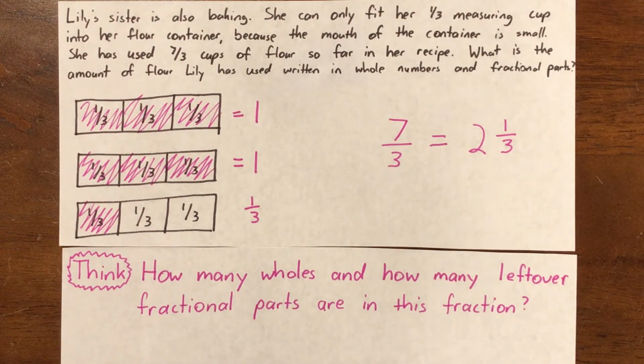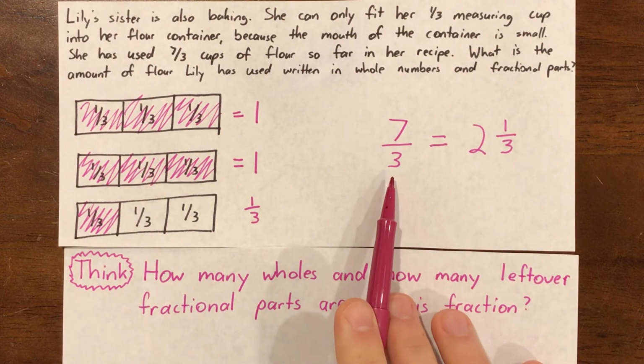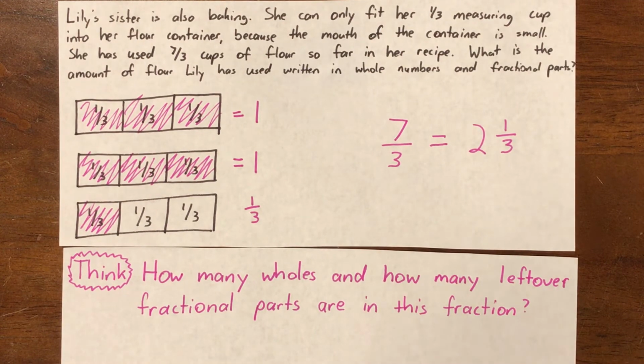Okay, last question here. Why is the denominator particularly important when we're rewriting a mixed number as a fraction greater than 1 and vice versa? Say it out loud.